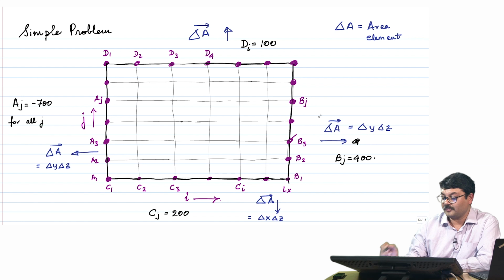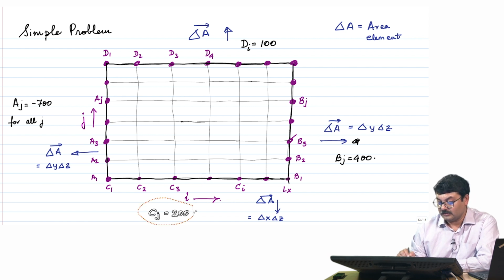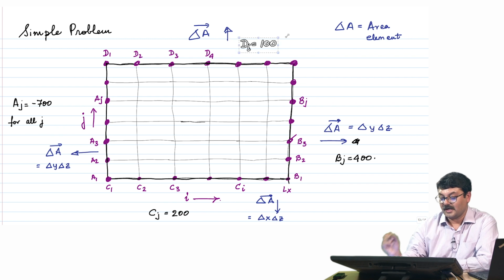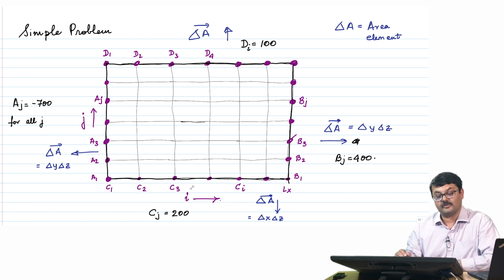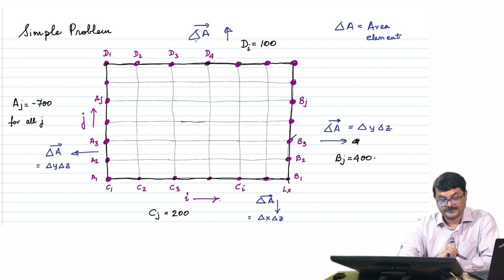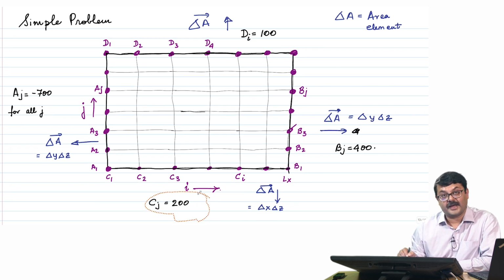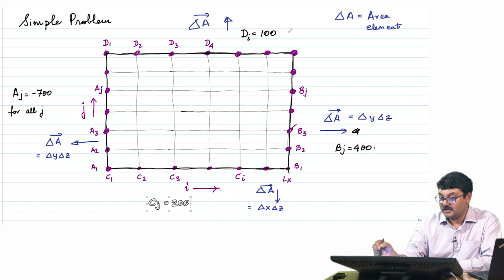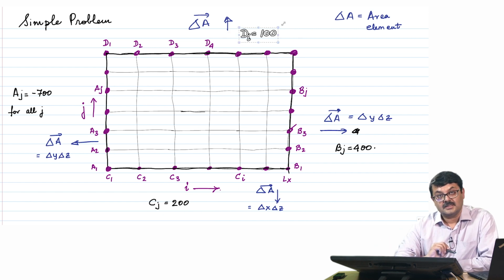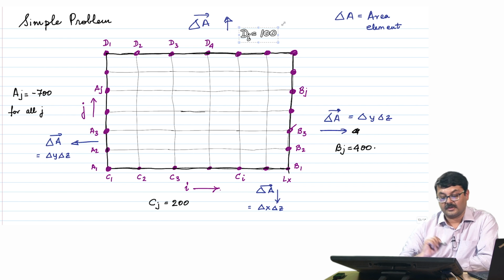Heat is going out from here, and heat is going out from here, but the amount of heat going out from this boundary, C j equal to 200, is more than 100. So, more heat is going out from here compared to this boundary, right. Heat is entering from this direction, heat is going out from this maximum 400, then this boundary has more heat going out, and this boundary has relatively less heat going out.